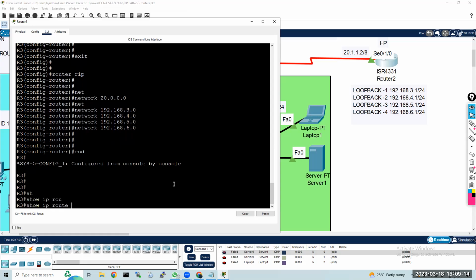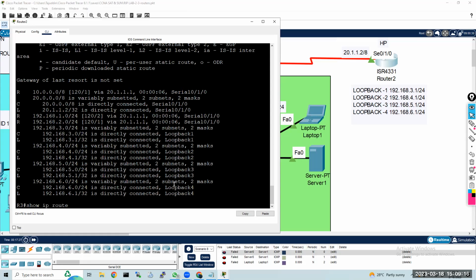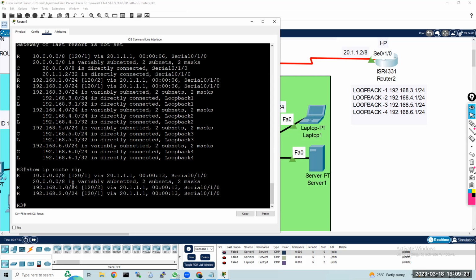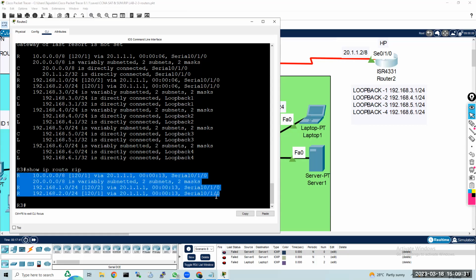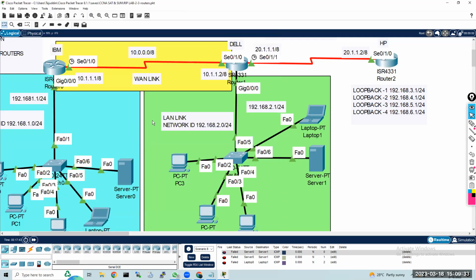Show IP route. Okay, you can see show IP route. If you want to see the specific routes you configured, use show IP route RIP. You can see all the networks have been learned. The administrative distance is 120. The 10 network, everything has been learned. Let's check with R1.